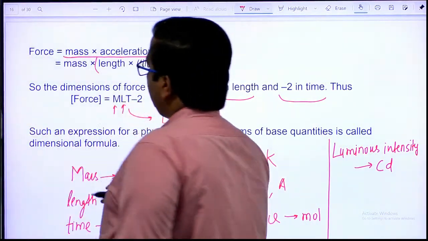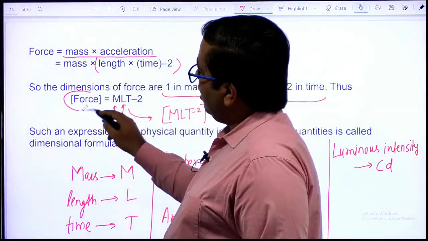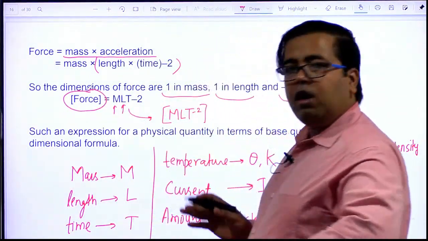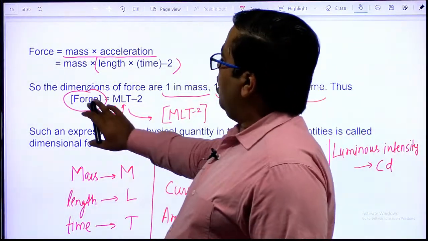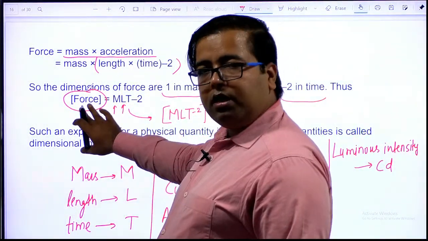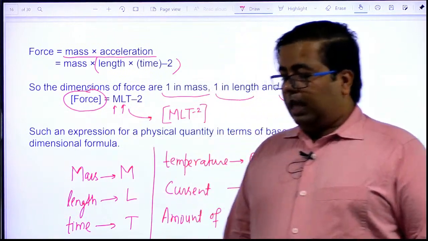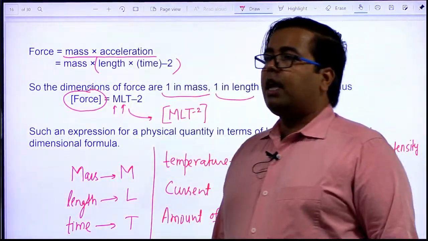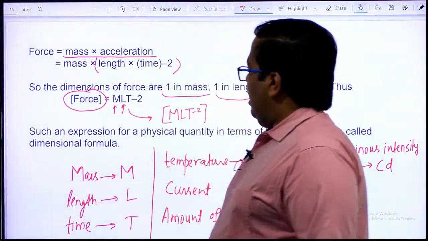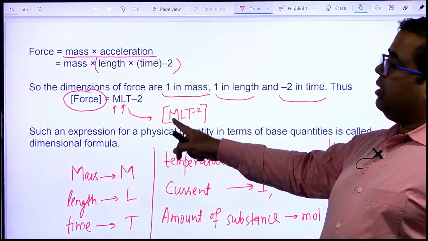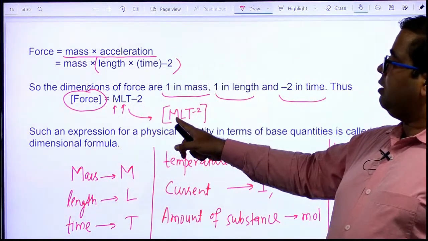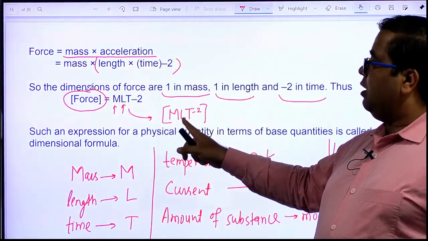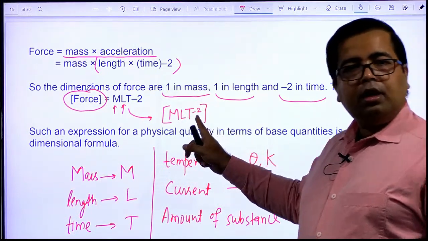So whenever you put any physical quantity in a square bracket, its symbol represents the dimension of that quantity. It says not force, but that we are writing the dimension of force. And M is for mass, so we can write that force has dimension 1 in mass, 1 in length, and minus 2 in time.